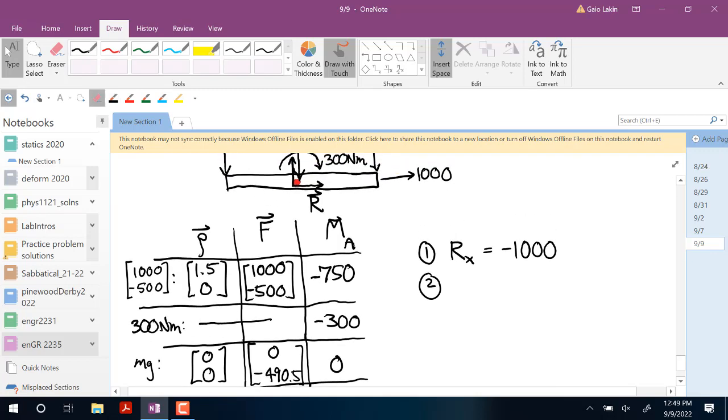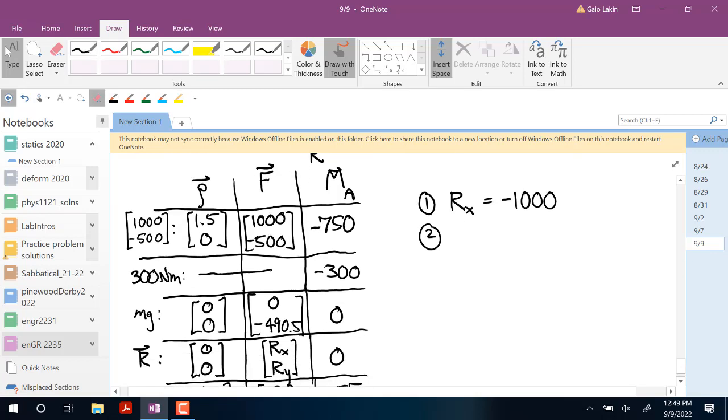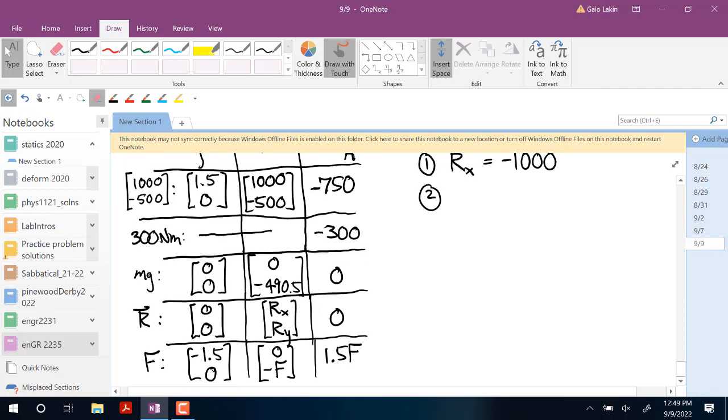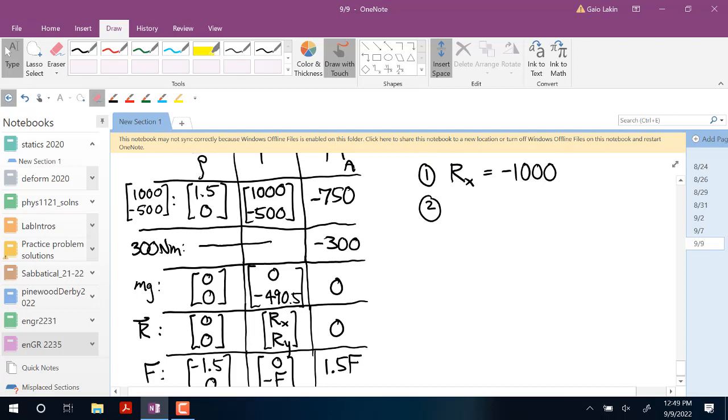The second equation says Ry minus F minus 490.5 minus 500 is equal to 0. I'm going to move all the constants to the other side again. So we have Ry minus F is equal to 990.5.